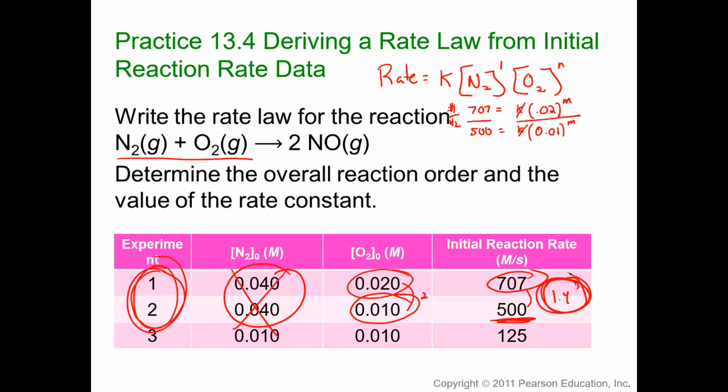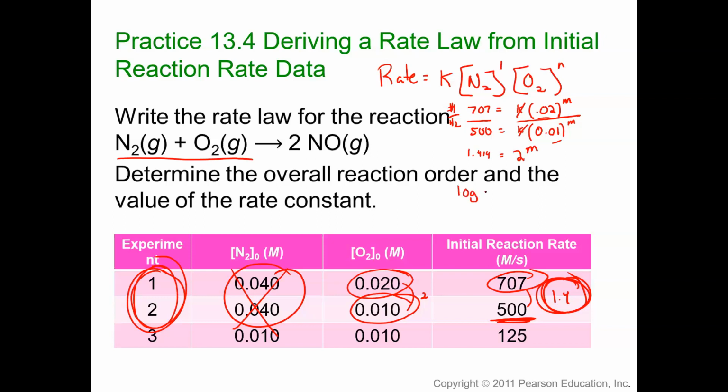My K's cancel out. I already know this is 1.4. My calculator says 1.414. That did not end up nicely for me. And then 0.02 divided by 0.01, that's just 2. 2 to the M. So we take log of both sides.